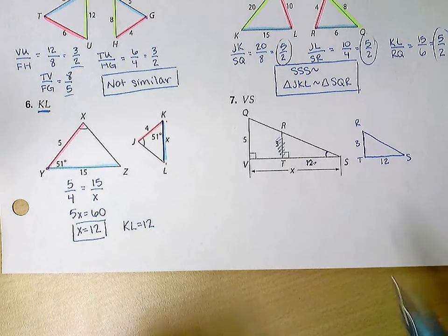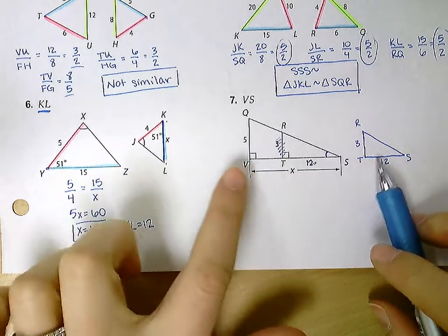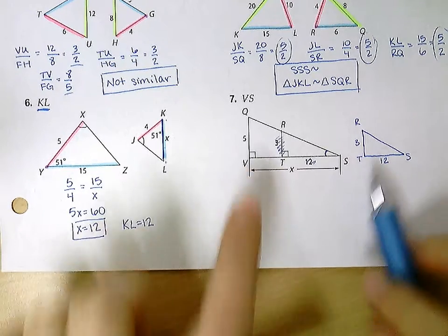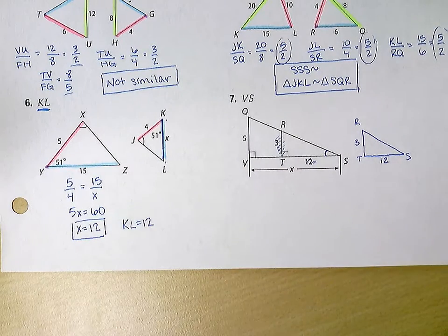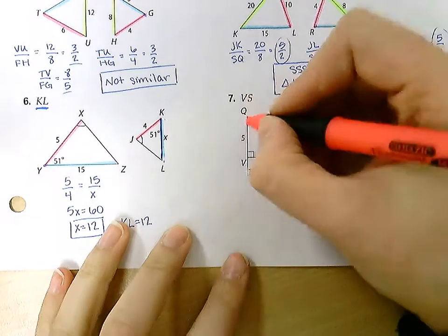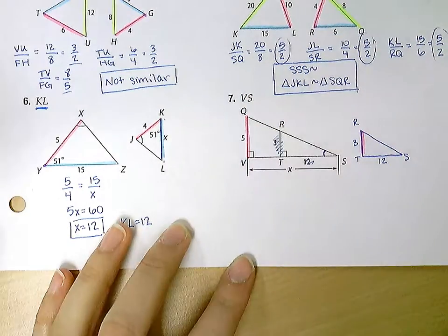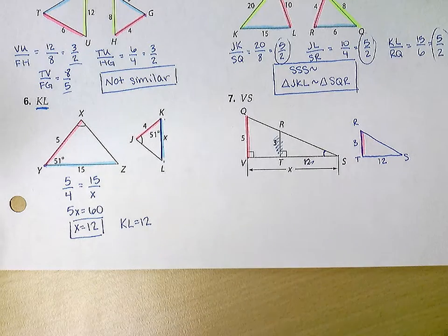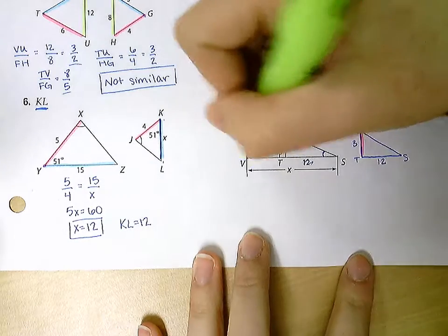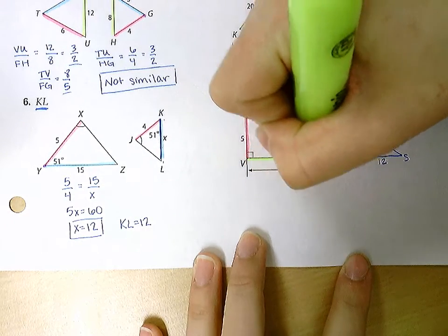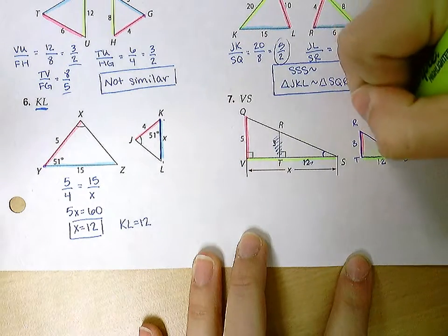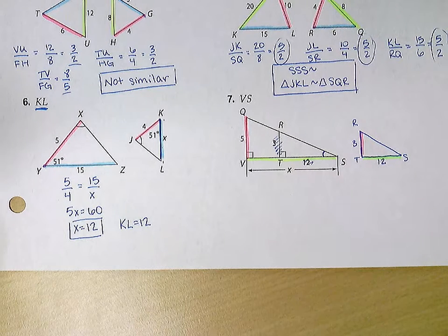Okay. So since these two triangles are similar, I can take their corresponding sides. So that would be QV and RT. And VS and TS, and set up a proportion with those sides.